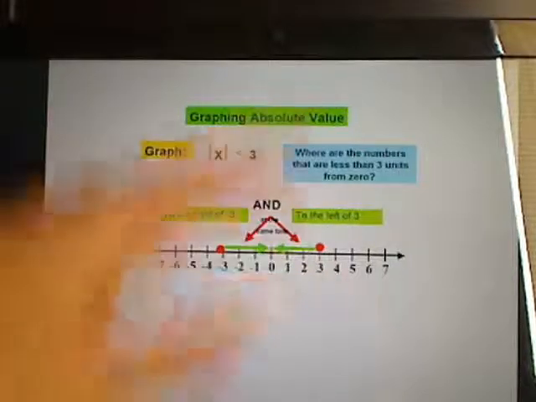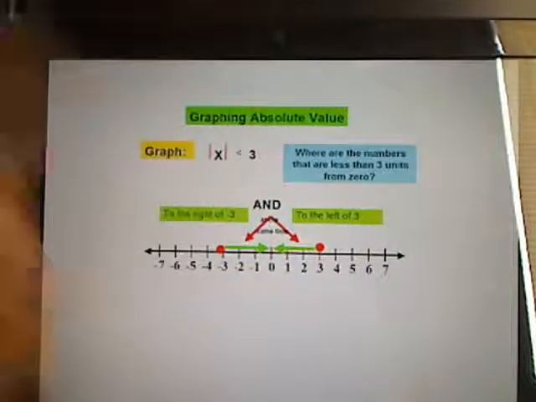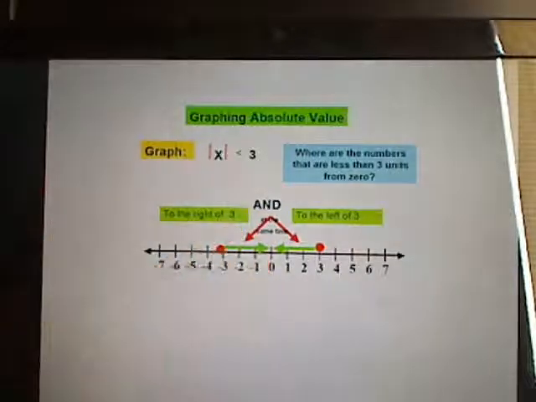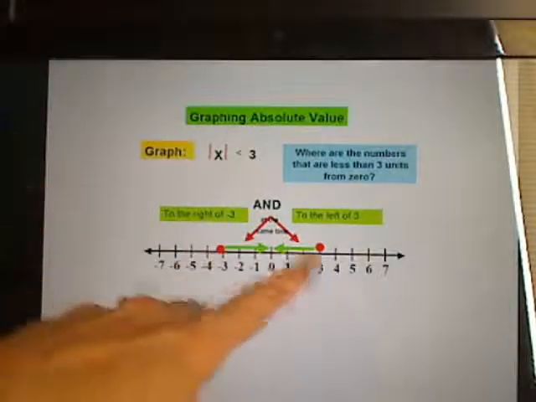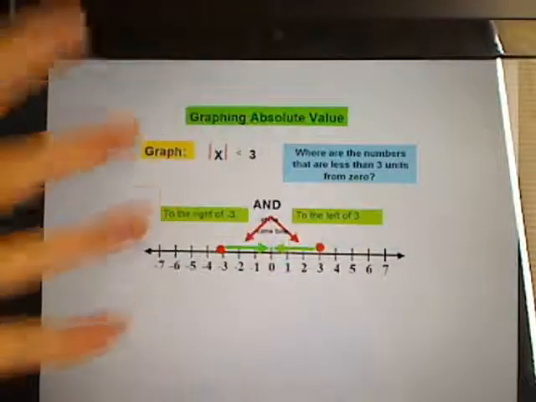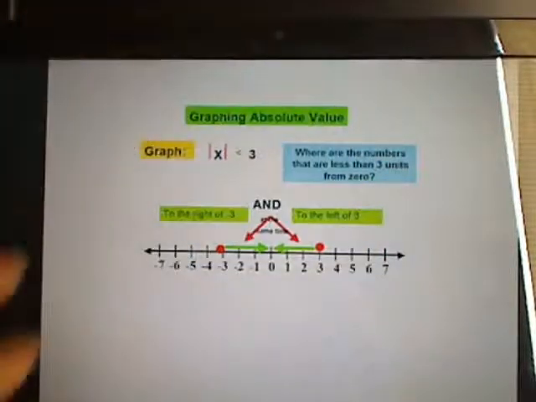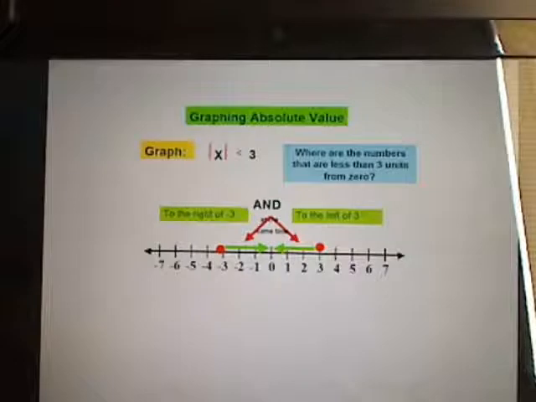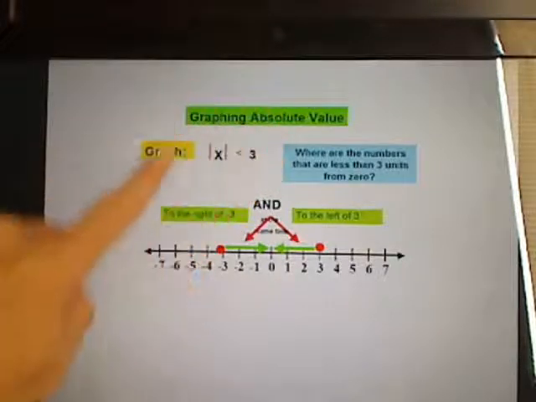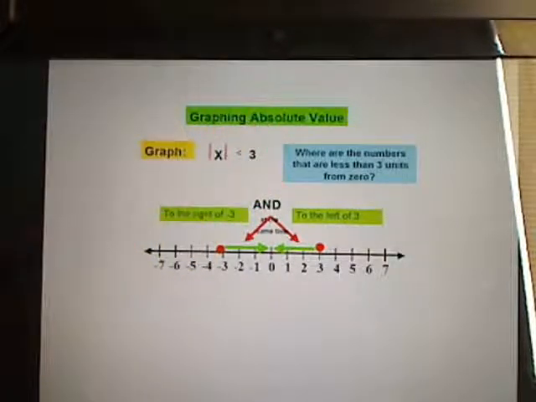That's like your 2 and your 1 and your 0. And if we shade those in, then that becomes a conjunction. That has to be an and. And so when we take a look at the actual graph, then we know what this statement is going to be, whether we have a conjunction, a union, or an intersection.